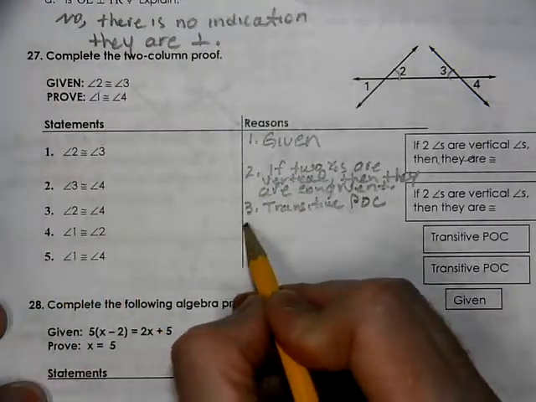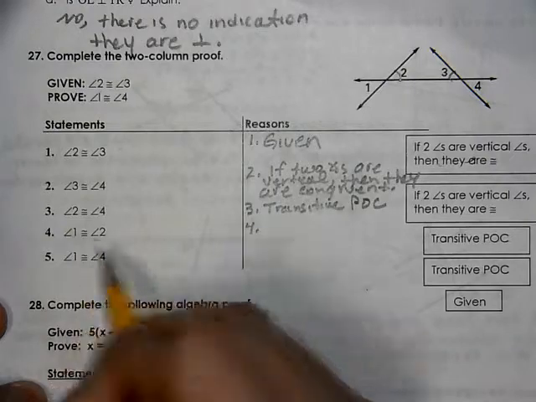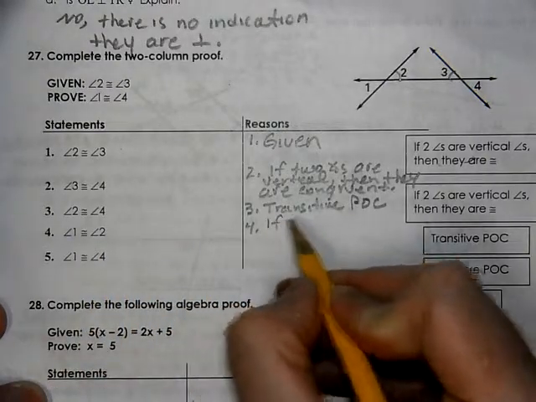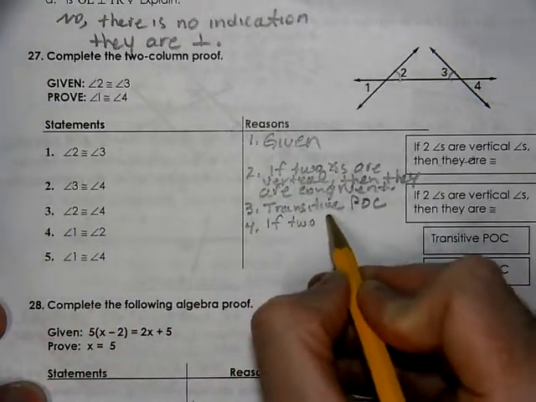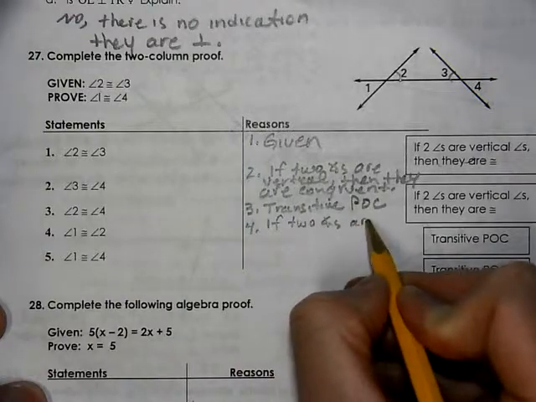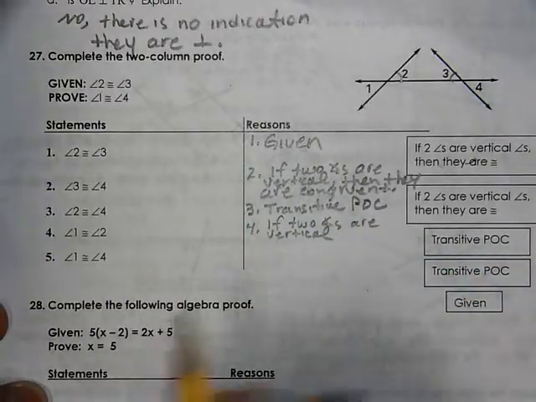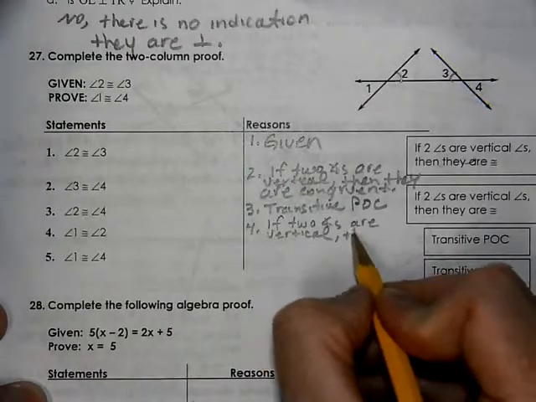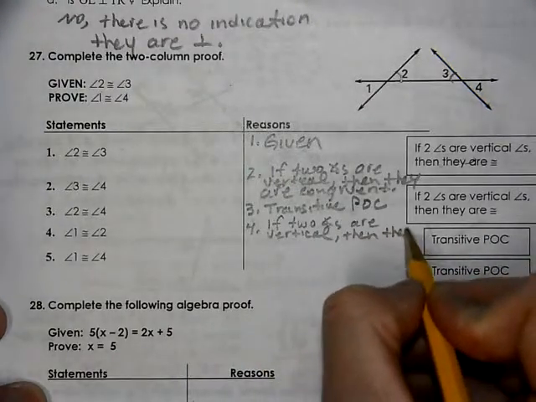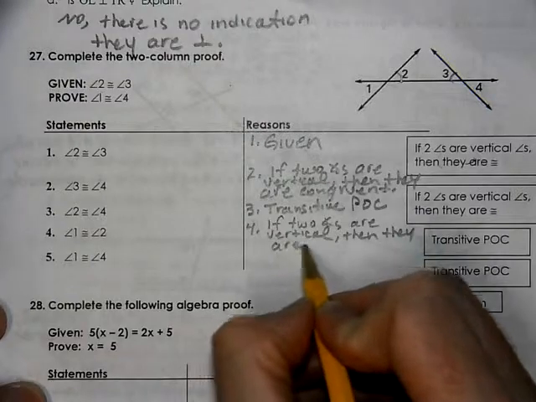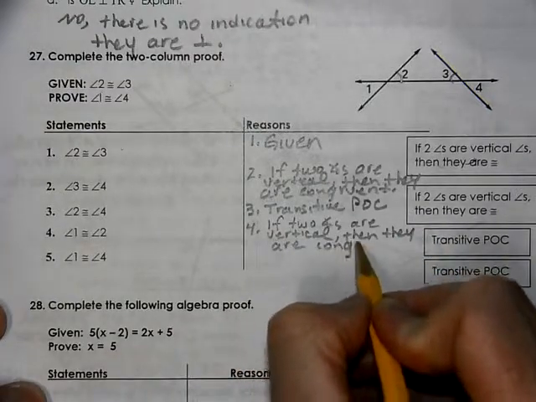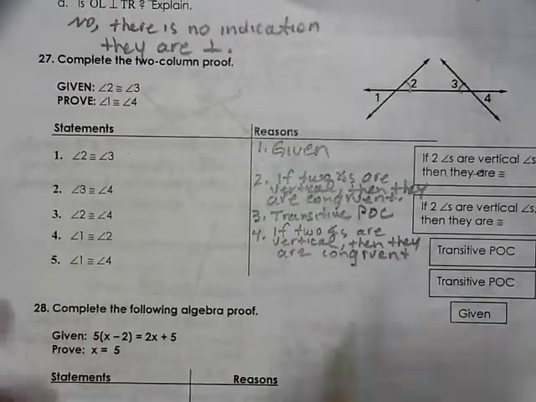We know that 1 and 2 are congruent because they're vertical angles. If two angles are vertical, then they are congruent.